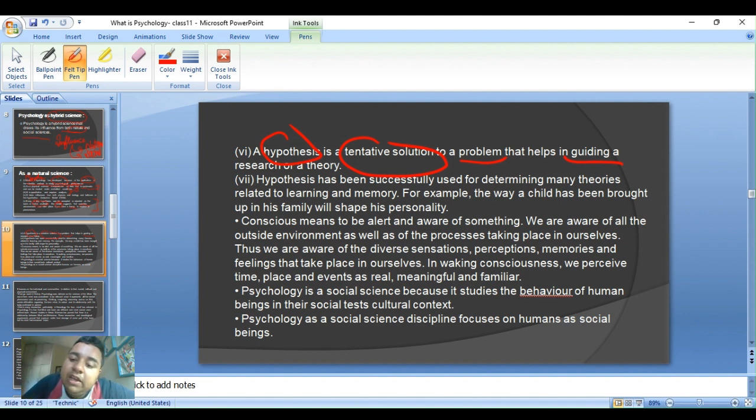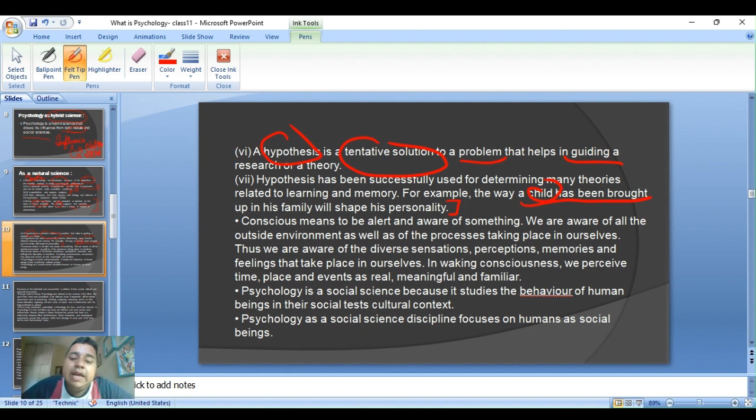For example, the way a child has been brought up in his family will shape his personality. जैसे मैं या आप लोग अपनी फैमिली में रह के बड़े हो गए हो, आप अपने डिसीजंस भी बना लेते हो। Child has been brought up in his family and his family has shaped his personality.